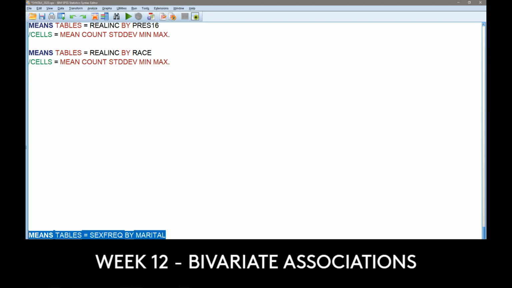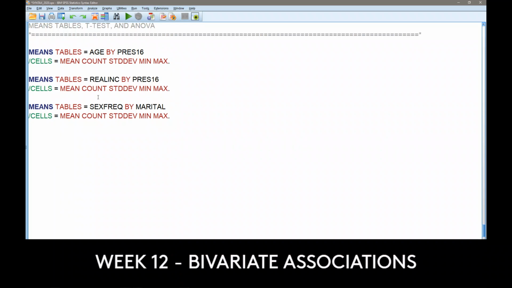So the last means table I want to run is this one here. I want to look at the average reports of sex frequency, so how frequent a respondent reports having sex by the person's marital status.